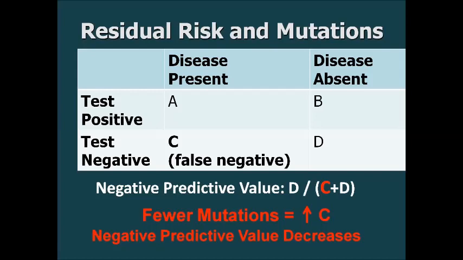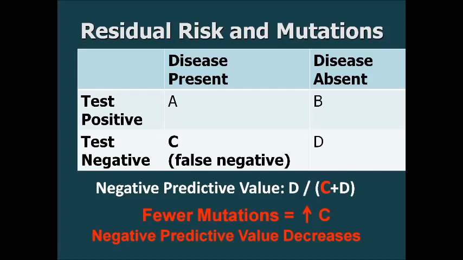Fewer mutations means that C increases, and so the negative predictive value will decrease because the term C is in the denominator. That negative predictive value will decrease as fewer mutations are on a panel.